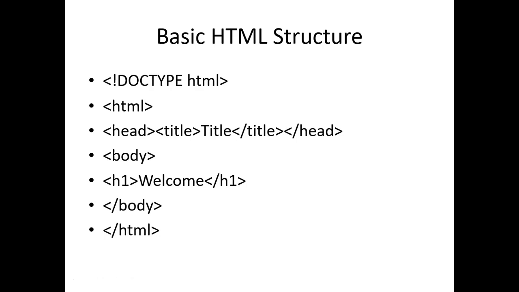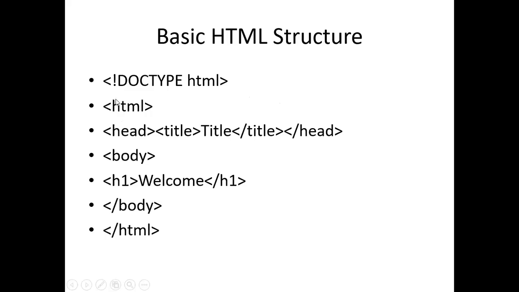So the basic HTML structure is going to look like this. First, you need to mention doctype HTML. It tells the browser that it is an HTML page. This is the first tag, and it tells the browser that it is an HTML page.